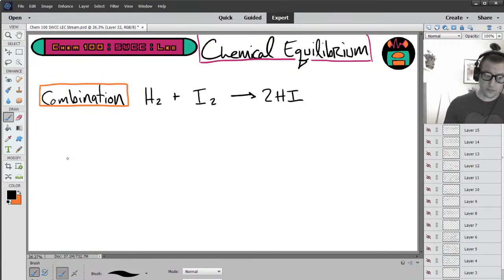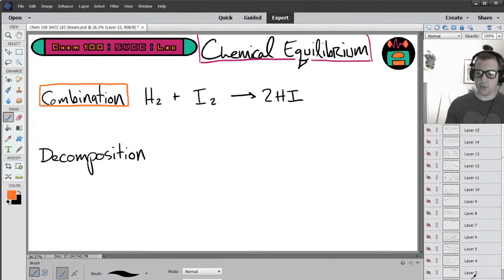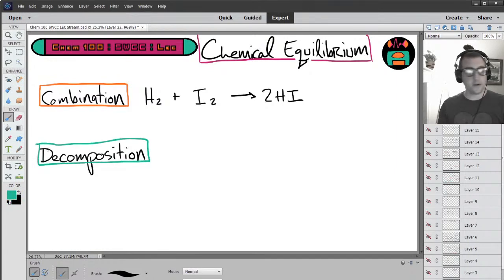Now, let's consider a decomposition. Decomposition is you start with something and it falls apart, right?